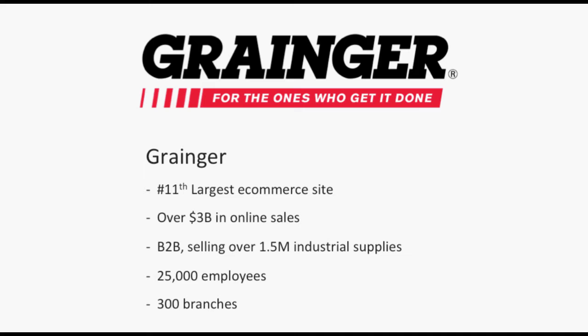For anyone who's not familiar with Grainger, we are a B2B industrial supply, manufacturing, commercial supply company. Currently, for the year of 2016, we are the 11th largest e-commerce site rated by Internet Retailer organization.